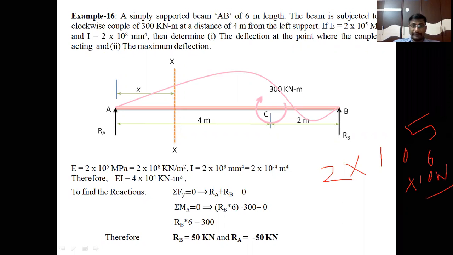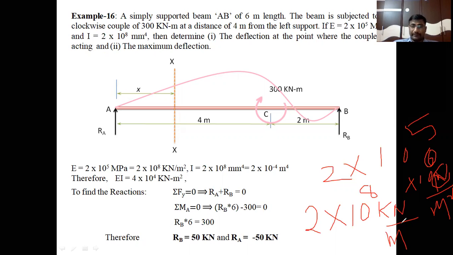Pascals means newtons per mm square. So if you want to get kilonewtons from this 10 to the power of 6, subtract 10 to the power of 3, remaining 10 to the power of 3 multiplied by 10 to the power of 5, therefore 10 to the power of 8 we will get. 10 to the power of 3 newtons per meter square means kilonewtons per meter square. Like this, you have to convert the E value into kilonewtons per meter square. 2 into 10 to the power of 8 kilonewtons per meter square.